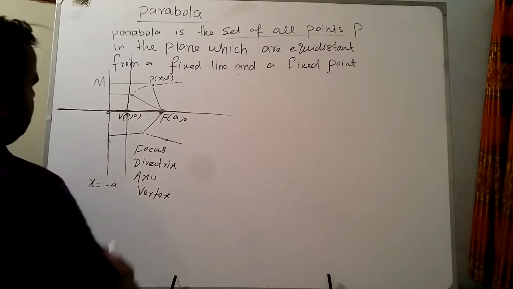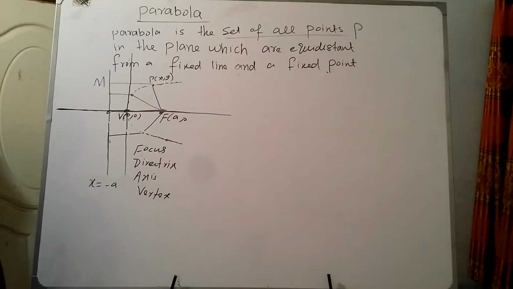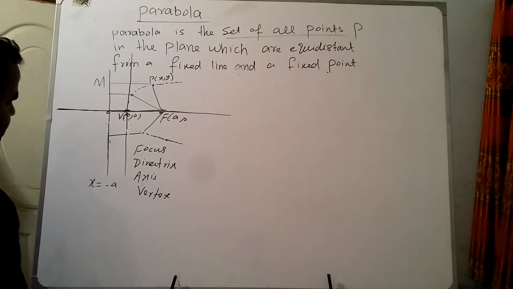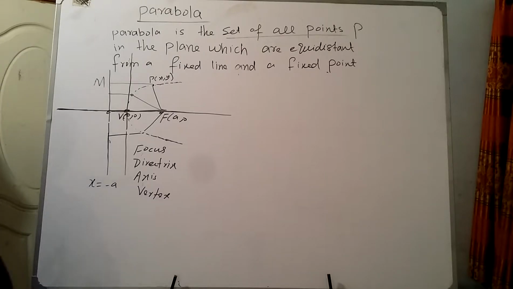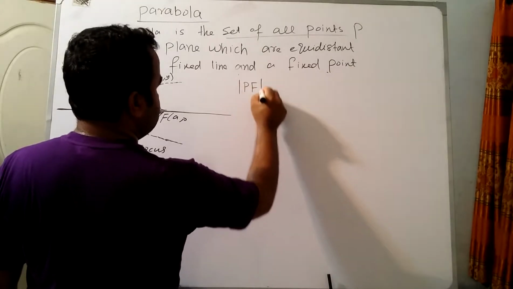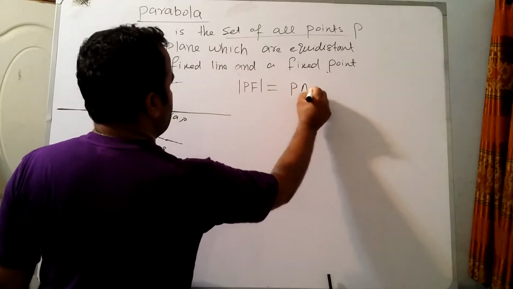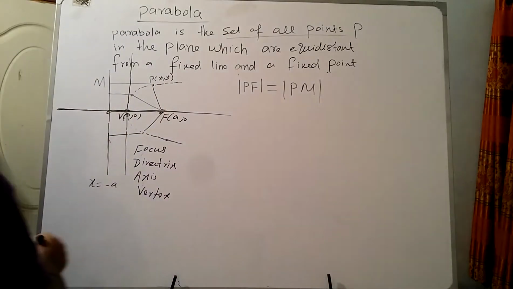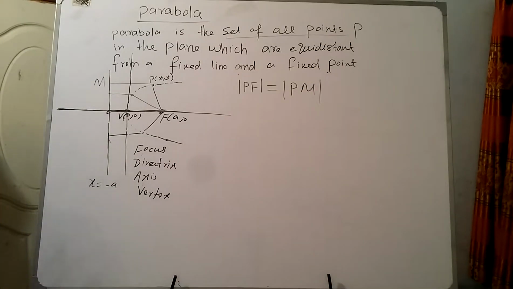On the graph paper, this is a rough drawing, x equals minus a. So we know that PF is equal to PM. Point P is (x, y), F is (a, 0) and M is on the line x equals minus a.